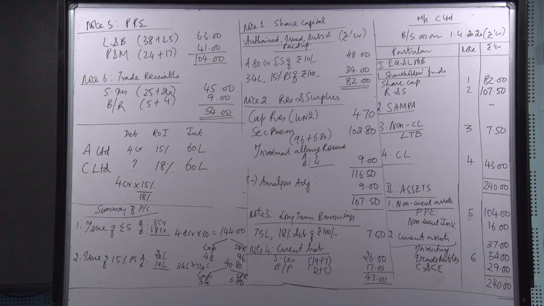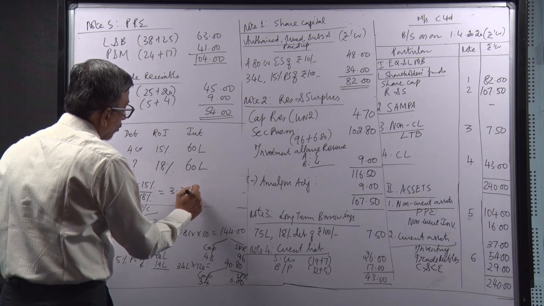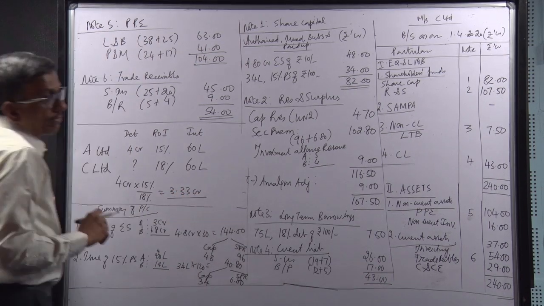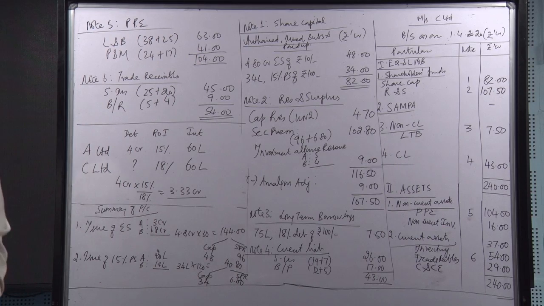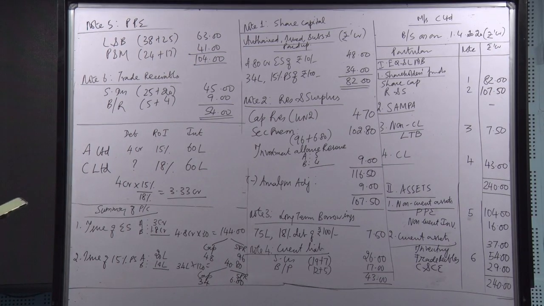We'll get the answer, that is equal to 3.33 crores. So if 3.33 crores is the value of debentures issued, 18% is the rate of interest, the interest will be the same 60 lakhs only. So that is the idea behind the adjustment, very important adjustment.